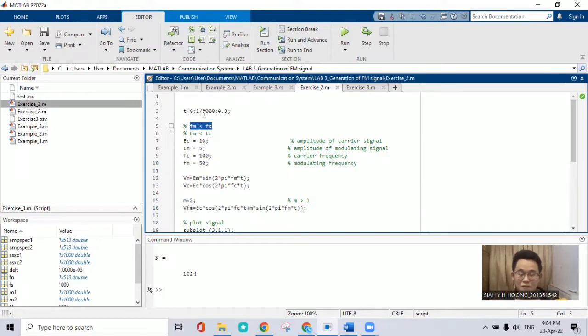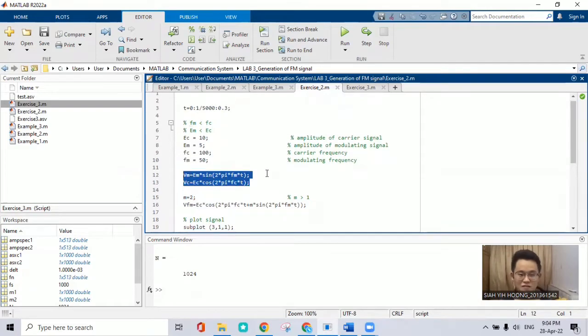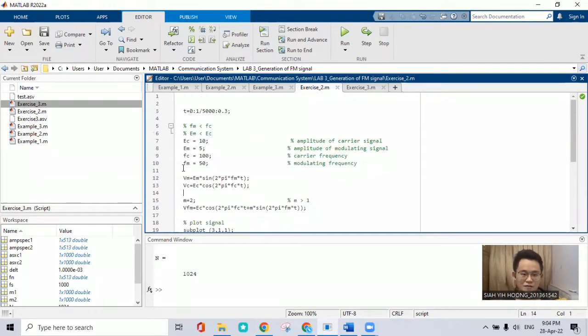After that, we need to declare the expression for both waves. Vm indicates the modulating signal, and I chose to use sine, and Vc indicates the carrier signal, and I chose to use cos.